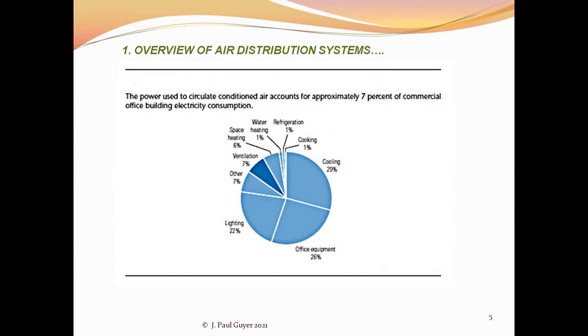And the US EPA in its undertakings found that almost 60% of building fan systems were oversized by at least 10%.